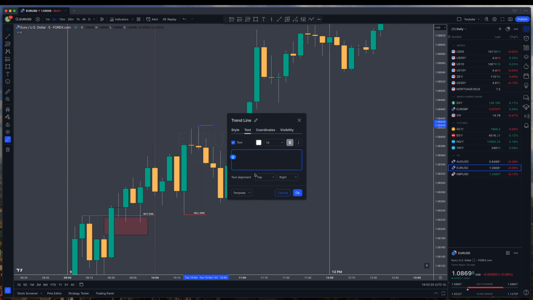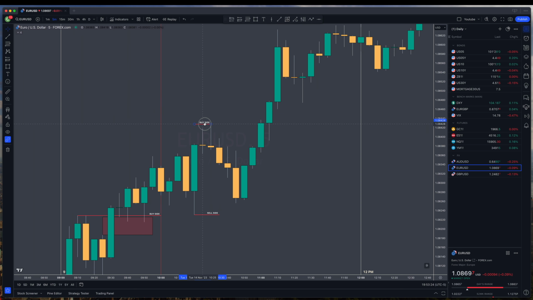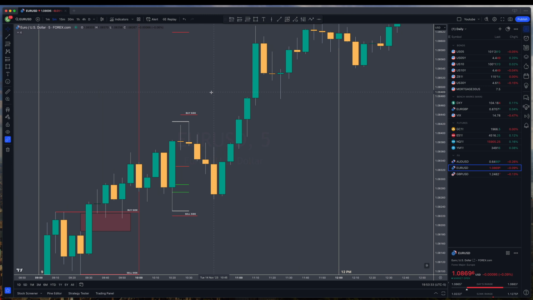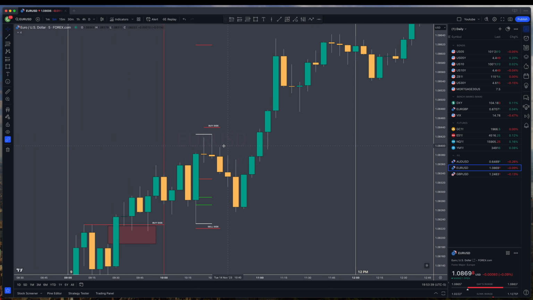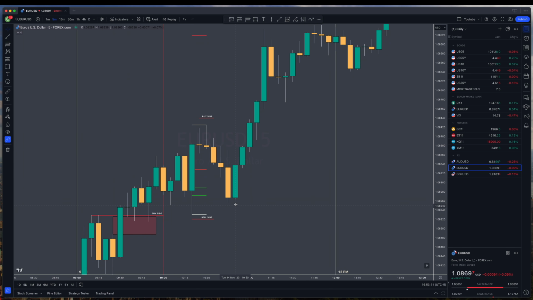Now that we have buy side up at the top and we have sell side resting at the bottom, a model we could have used in this particular moment could have been the OTE entry that ICT explains on his channel. So 10 to 10:25, 10:50, we start to move higher.